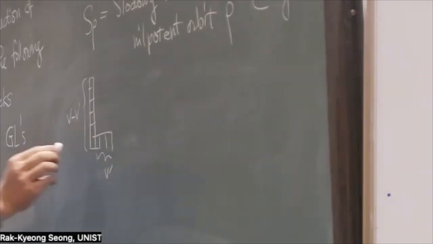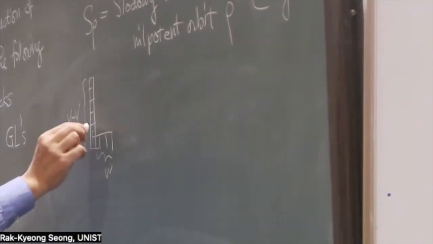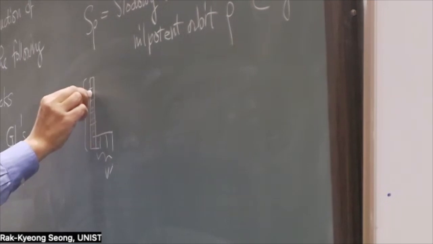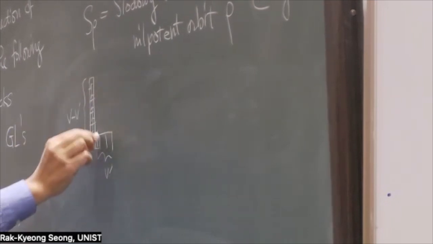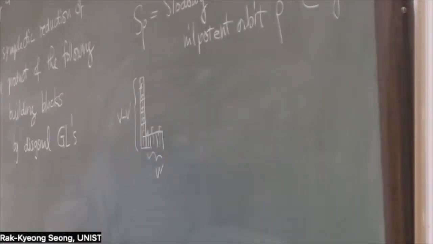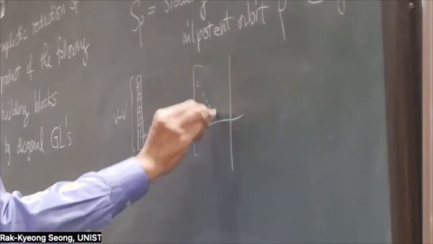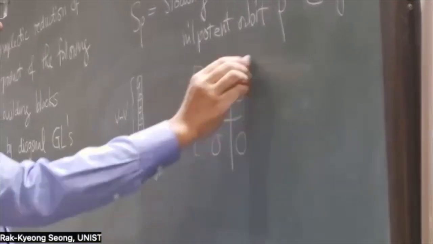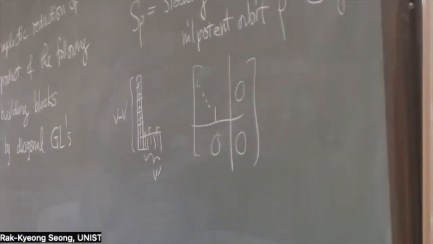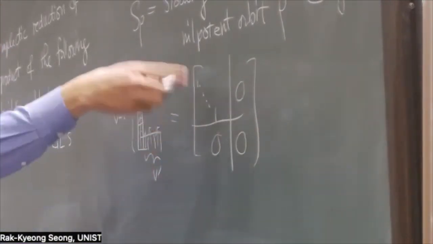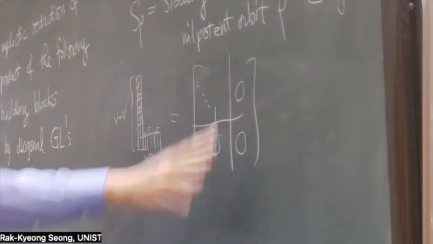My convention for the nilpotent element is that this nilpotent endomorphism goes in this way. You have a big nilpotent block, a big principal block, and then extend by them.